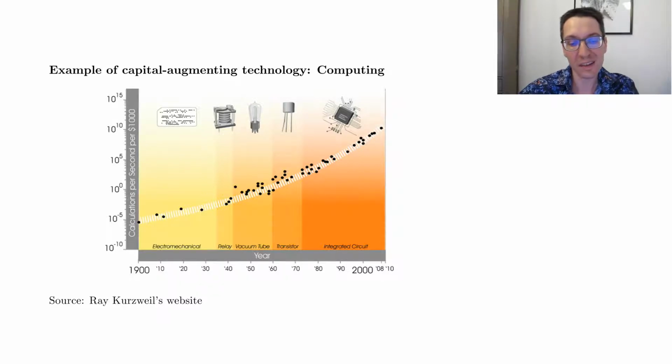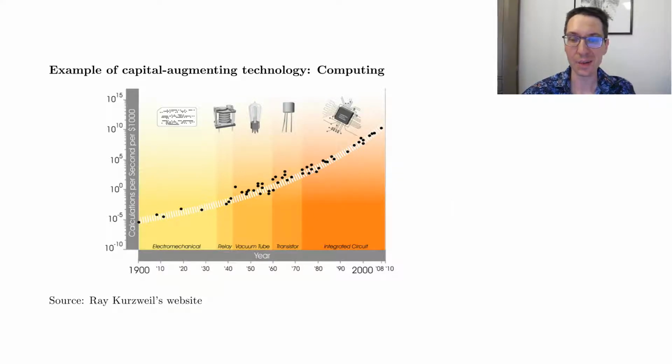We often think that computers were invented, say, in the 1940s by Alan Turing, but actually it shows that before that we had electromechanical technology, and after that we had other technologies, and then integrated circuits and Moore's law. The power of computing has really increased at an exponential rate for as long as we had computers, basically. I invite you to check him out. He's very interesting. So that's capital augmenting technology.